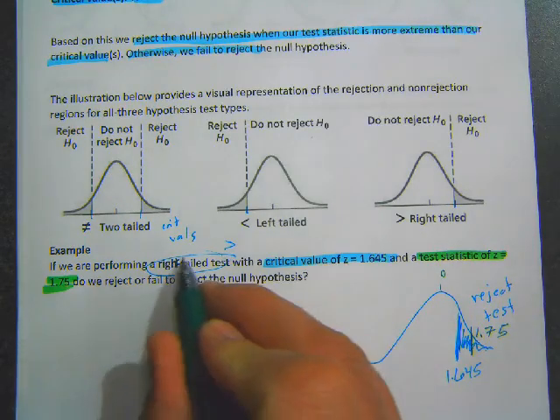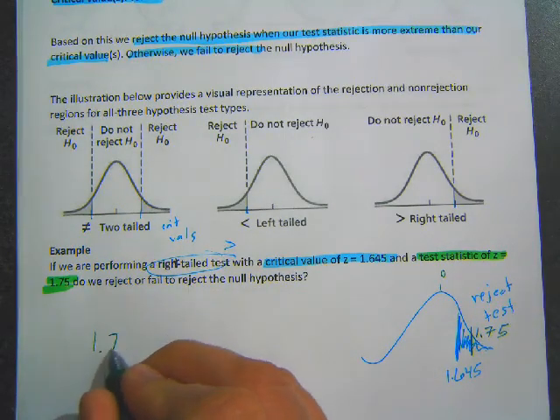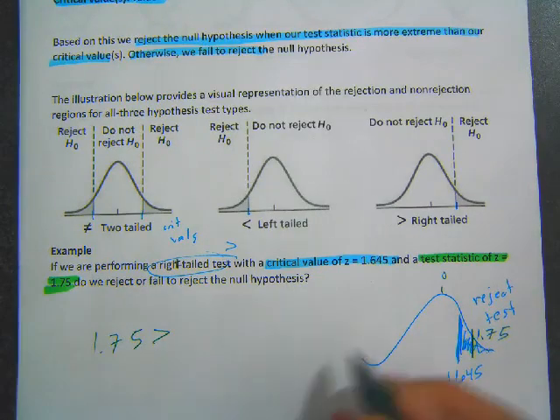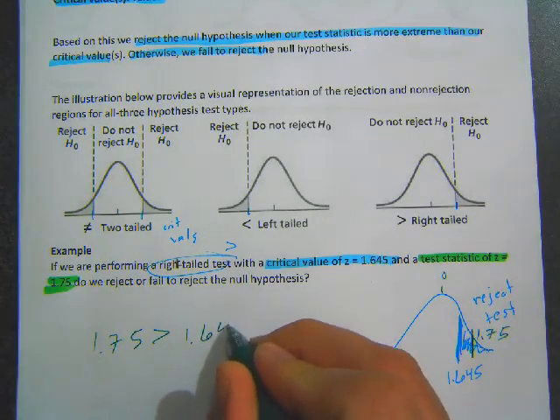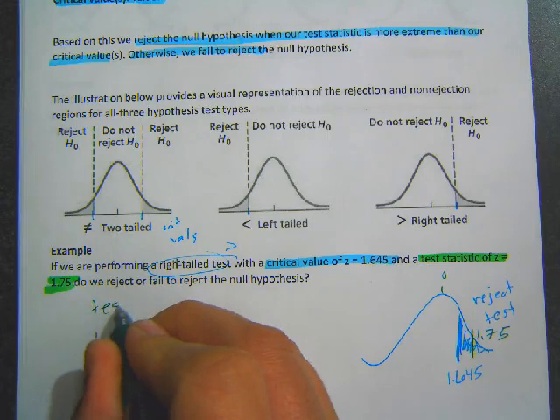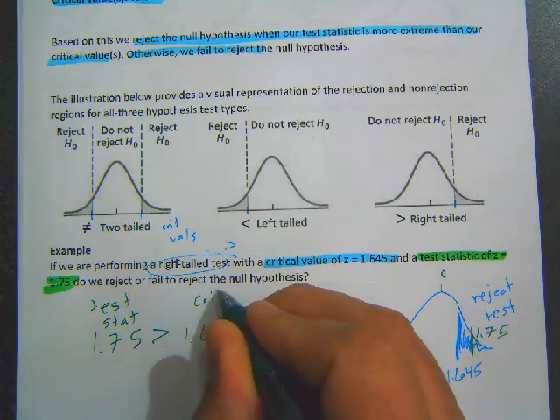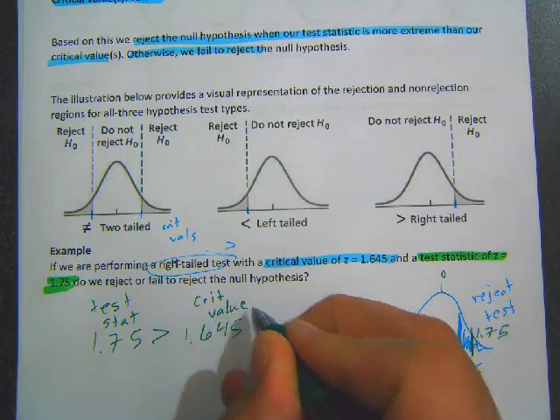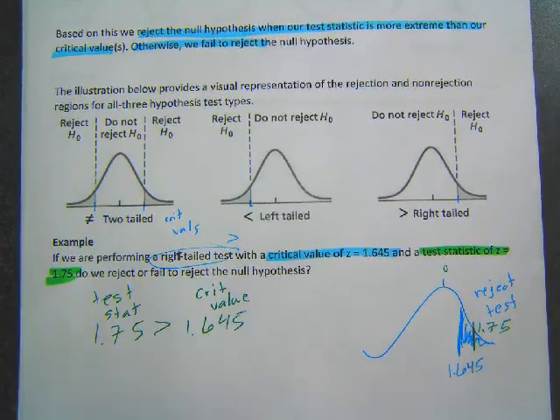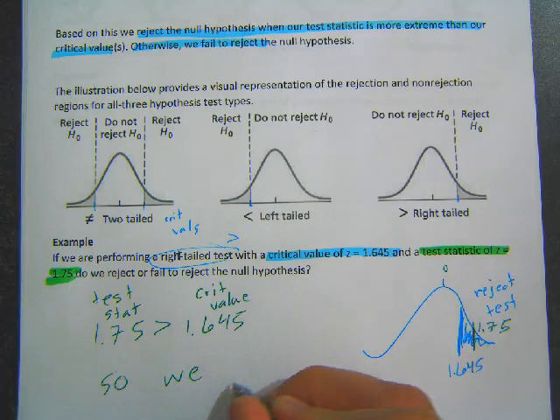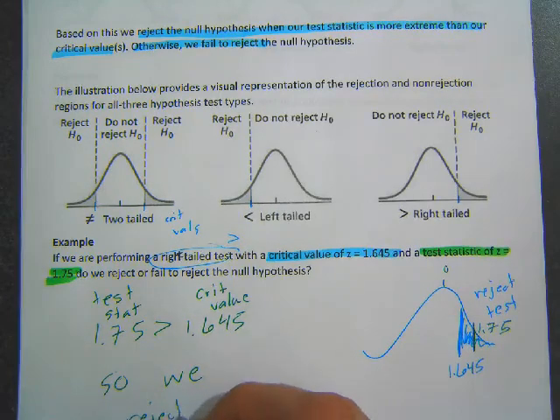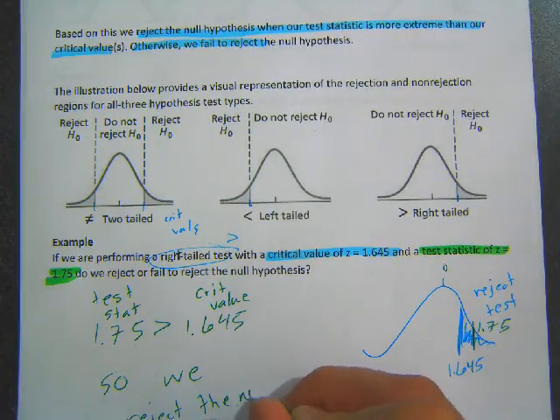In this case, because we're doing a right-tailed test, we'll say 1.75 is bigger than 1.645. Our test statistic is bigger than our critical value, and that's enough evidence for us to reject the null. So we reject the null.